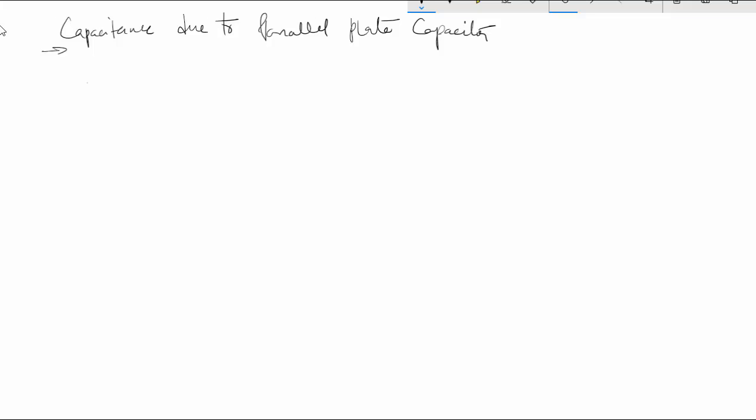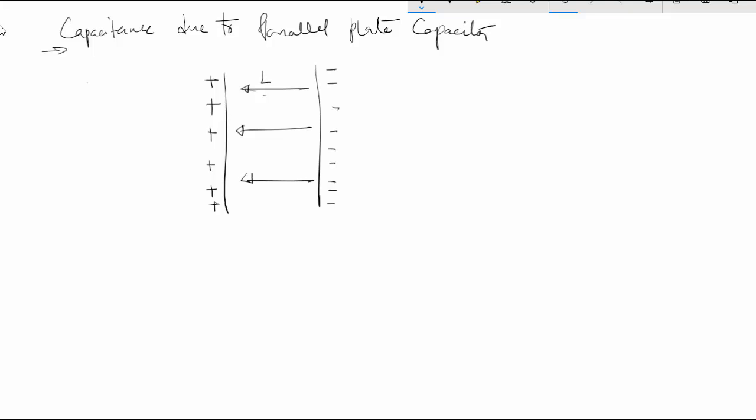So if you have an arrangement where these are your two parallel plates, and there is a positive charge on one of the plates and a negative charge on the other plate, the electric field is in this direction, from the negative side to the positive side.